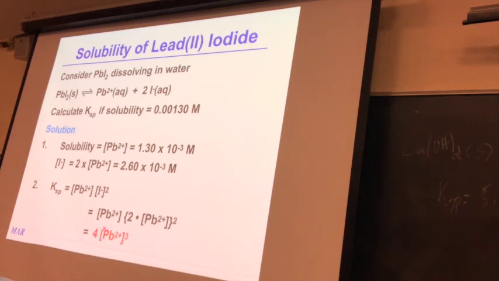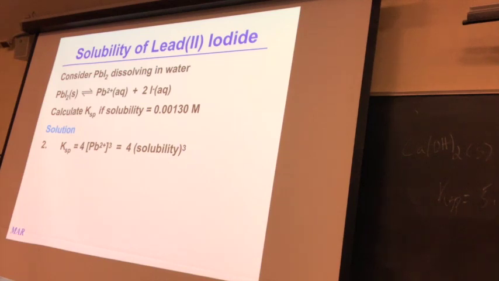And remember that lead and the solubility are the same. So another way to think about KSP is 4 times the solubility to the 3rd power. Now, there's nothing wrong with putting this number in there and this number squared, and that's totally legit. But when you're doing a lot of this, sometimes it's cool to have a relationship between the KSP and the solubility directly, and that's what I'm leading up to here.